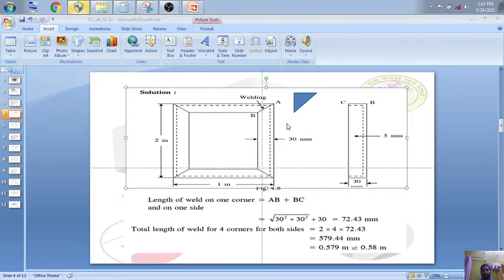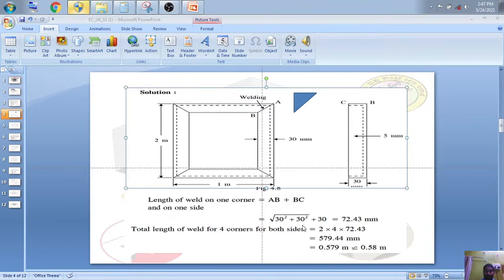If you want the hypotenuse, you have to take the square root. So the length of AB will be the square root of 30 square plus 30 square, where 30 is adjacent and 30 is opposite.